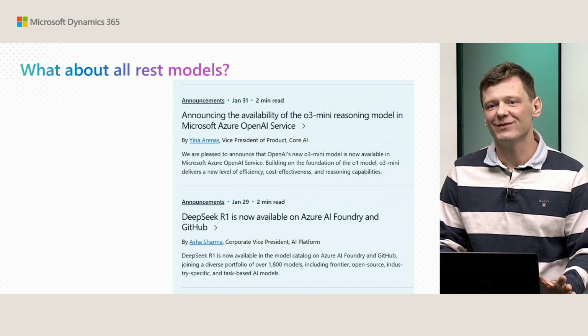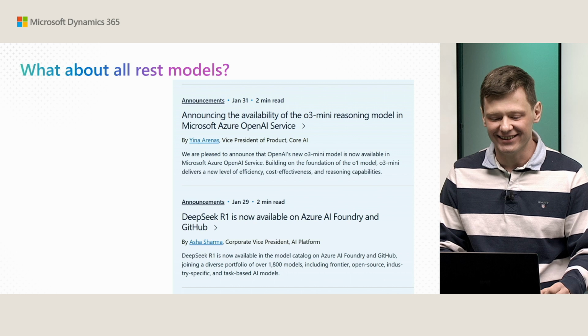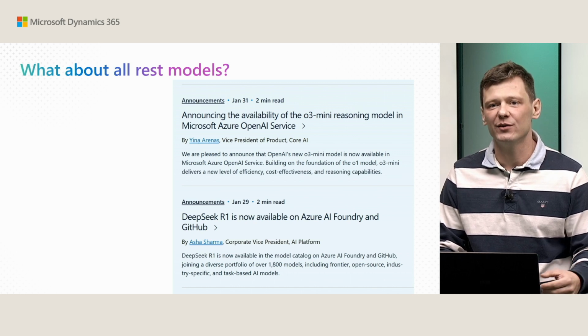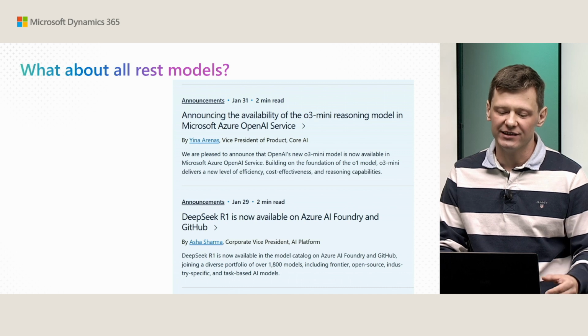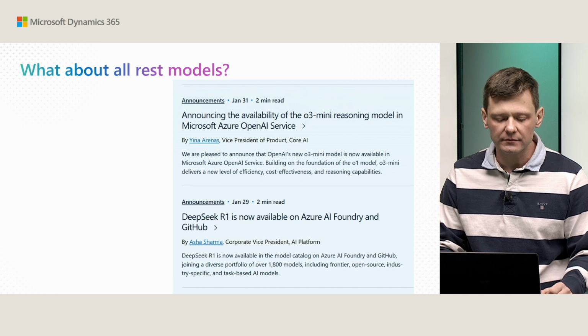If you just look at the last 2 months, Microsoft has made a lot of announcements that the DeepSeek R1 reasoning model is coming to Azure Foundry. OpenAI released a number of O reasoning models, and can we get access to those?